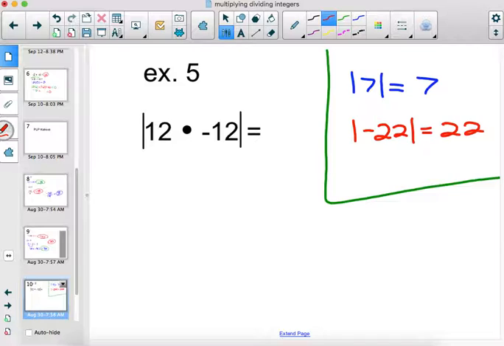All right, Emma. What do you think? Yeah, you can come up. So what I did is 12 times 12, which is 144, which would be -144, but because it's absolute value... So actually write the absolute value of -144 below so they see it.